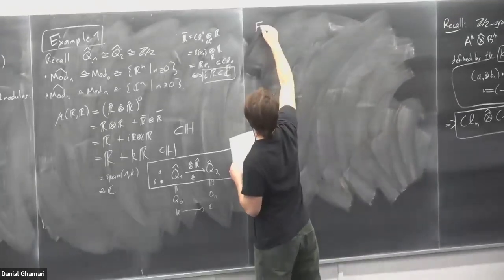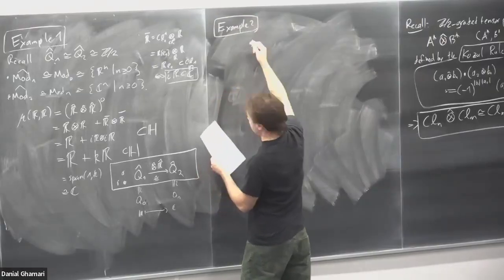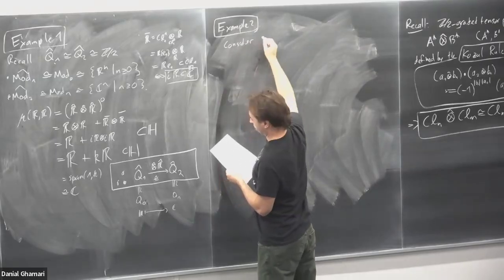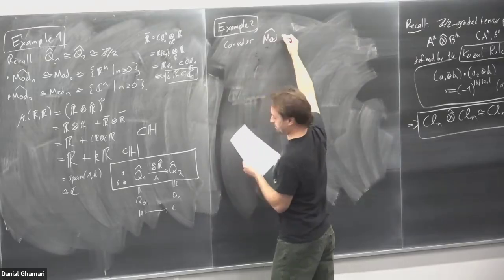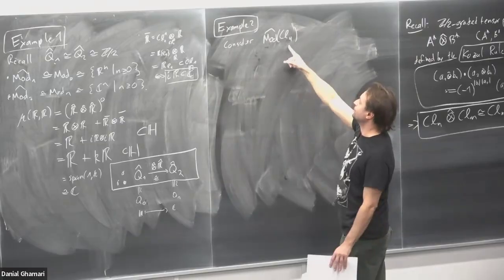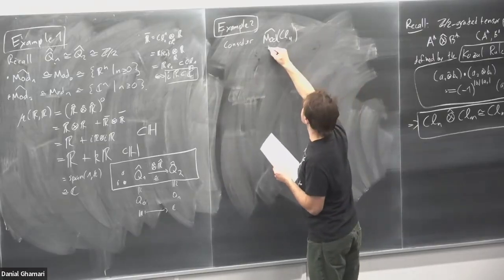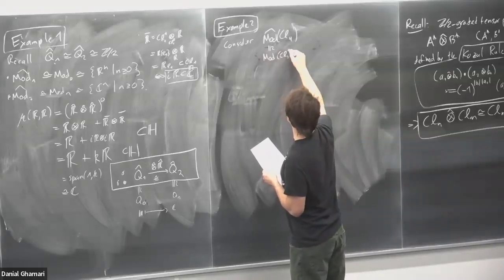Let's go to something a little more complicated. So now let's consider degree 4. We're thinking about the Clifford algebra in degree 4, and we're looking at Z2-graded modules. Remember that this was the ungraded module for the CL3.